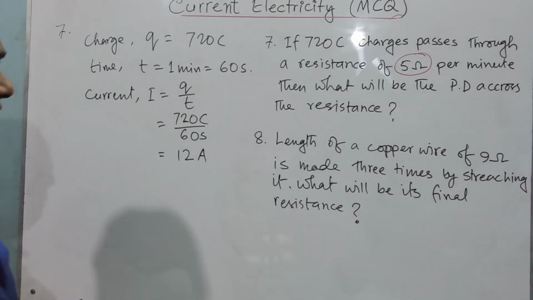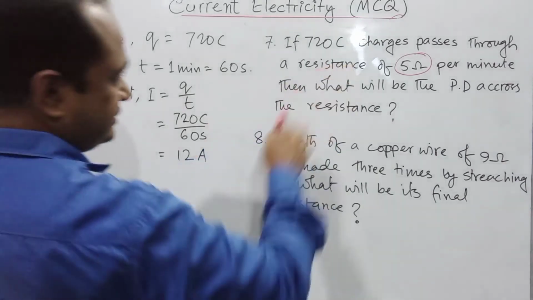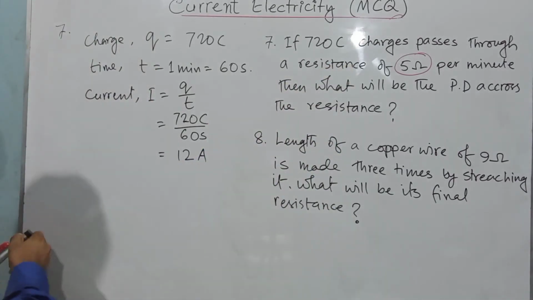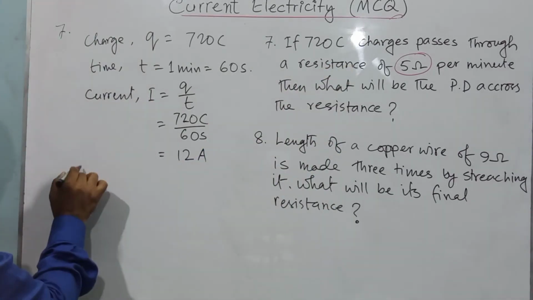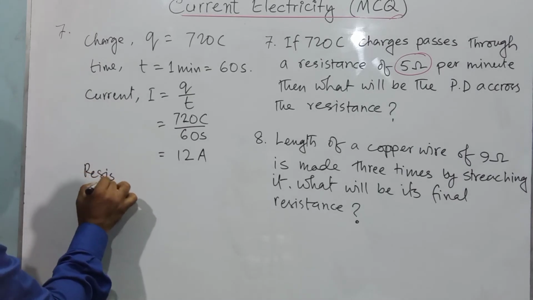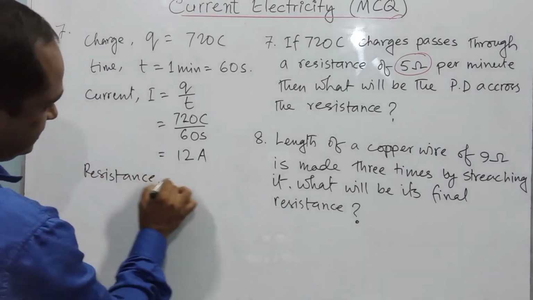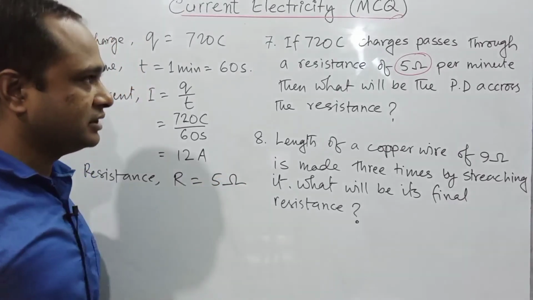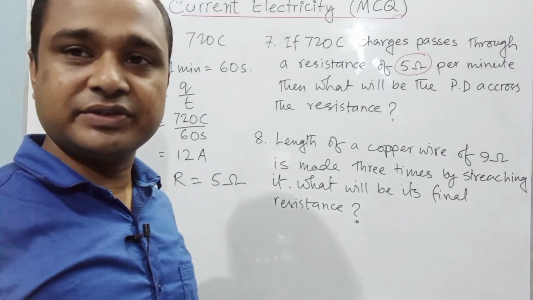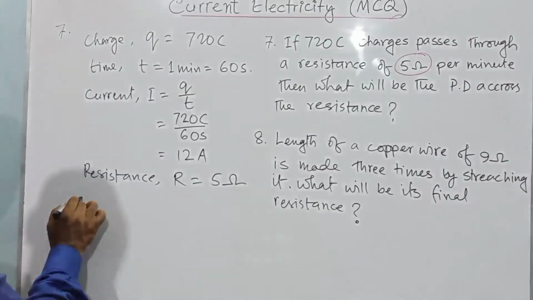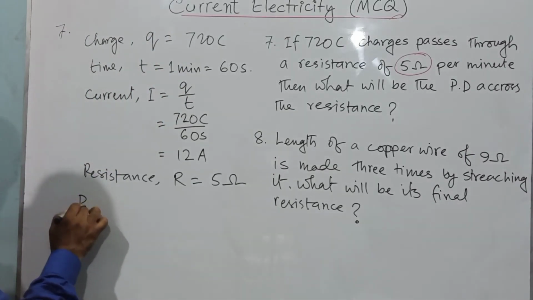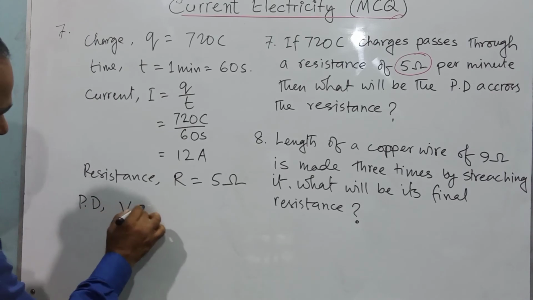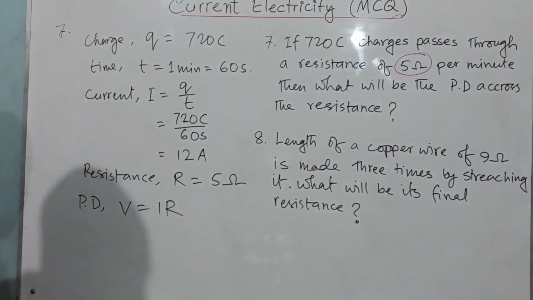Now the resistance of the wire is 5 ohm. Okay, resistance R is equal to 5 ohm. So we have to calculate now the potential difference. We know potential difference V is equal to IR, right?